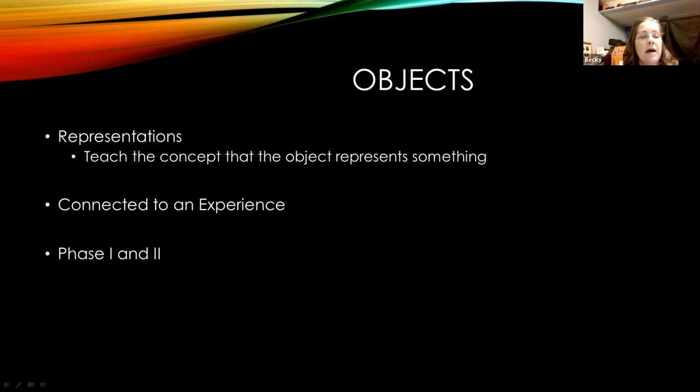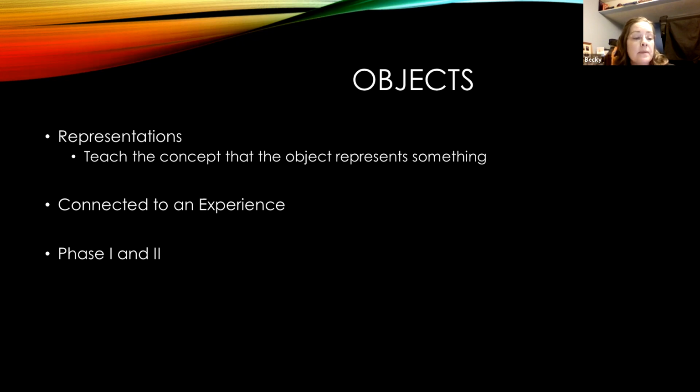So when we have object representations, we want to teach our student that this object is representing a concept or an action or a location. Objects and object representations are the foundations of literacy. We can use calendar schedules and story boxes.